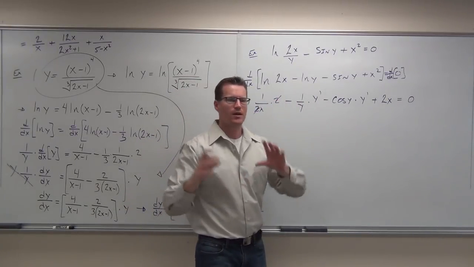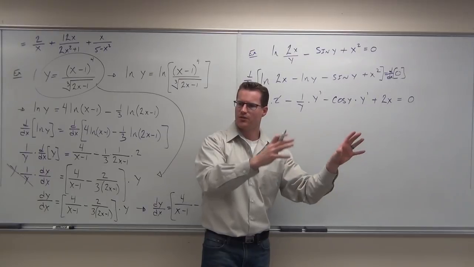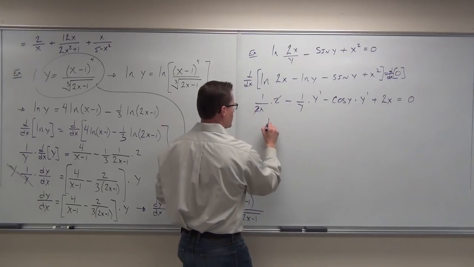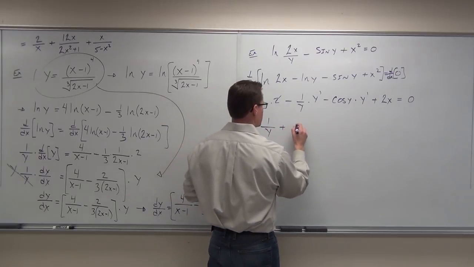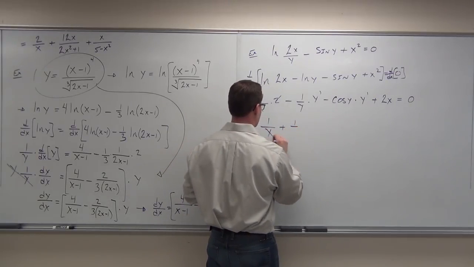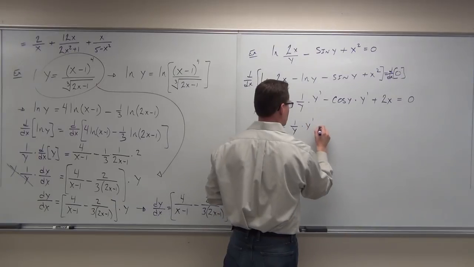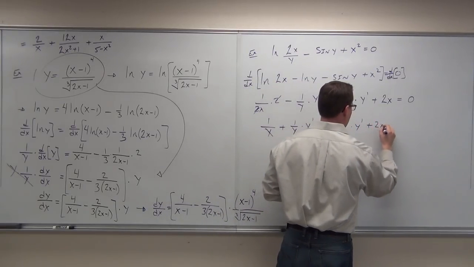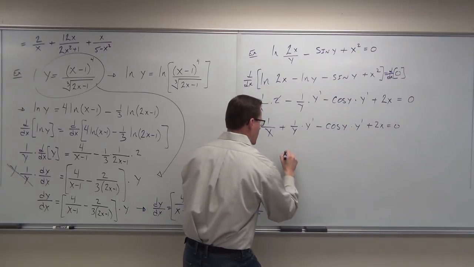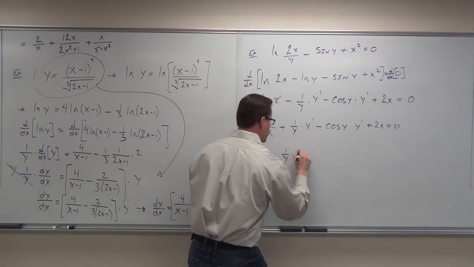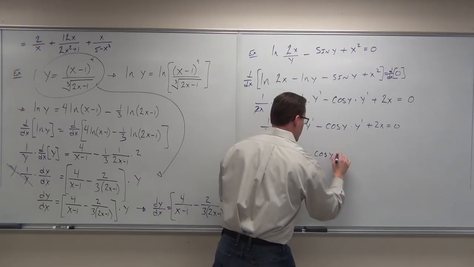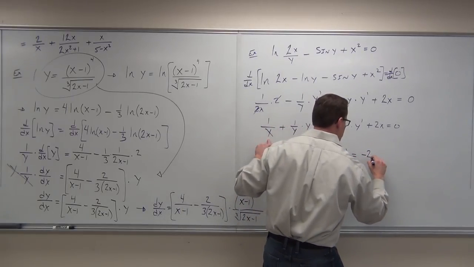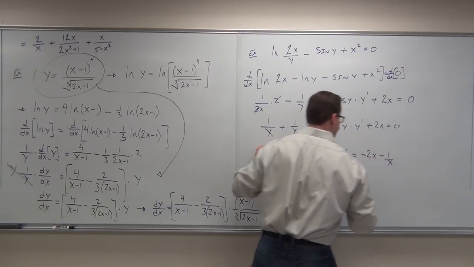All you have to do now is get all your x's on one side, factor your y prime just like implicit differentiation does, and you're done. So, let's see. If we do that, we're going to have a 1 over y times y prime, cosine y times y prime. On the right-hand side, we have a negative 2x minus 1 over x.